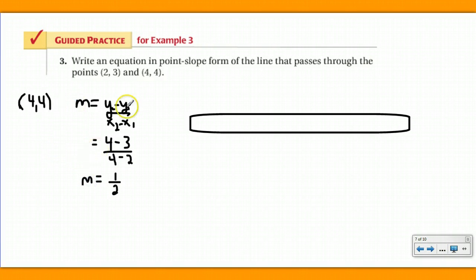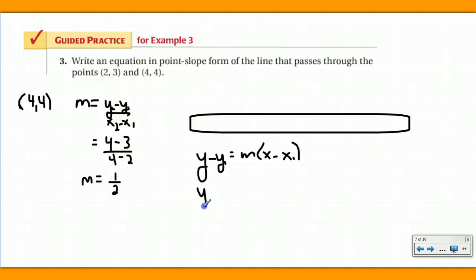And so now we're going to write the equation in point-slope form. Let's start with that form. y minus y1 equals m times x minus x1. Okay, and we simply take our point, plug it in, right?